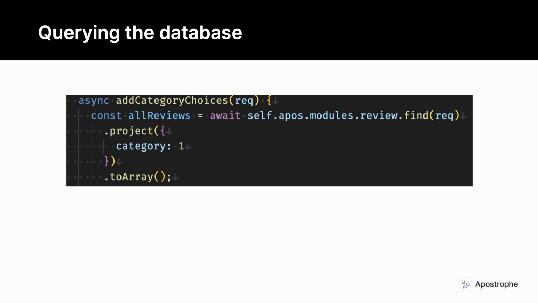Finally, we pass our query to the toArray query method. The other common query method is toObject. Both these methods take the criteria and refinements added by the query builders and add logic to tell the database how we want the data returned, as an array of objects or a single object, respectively.